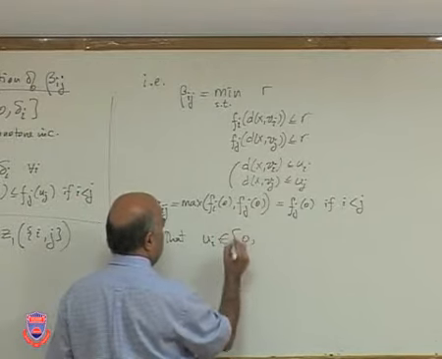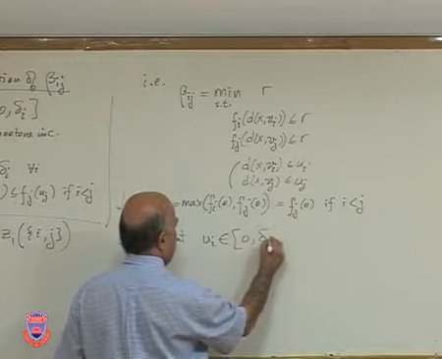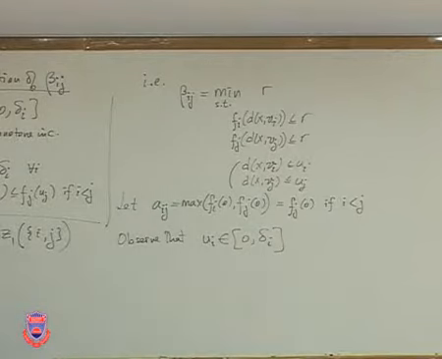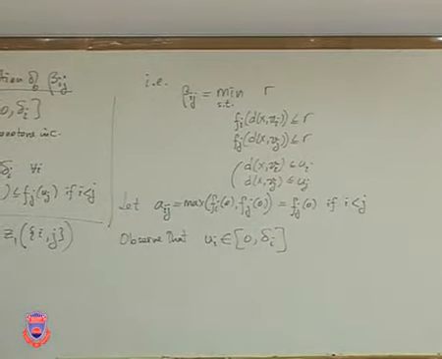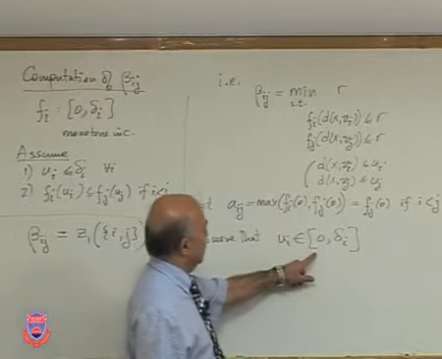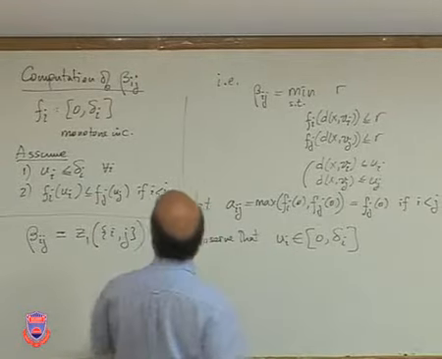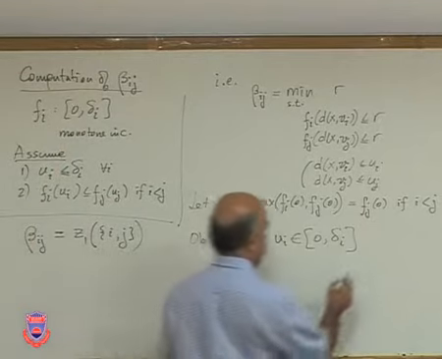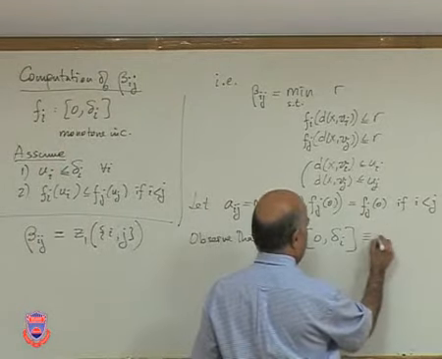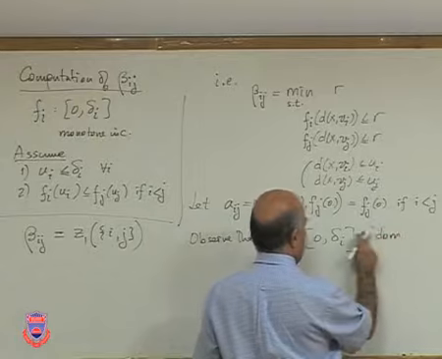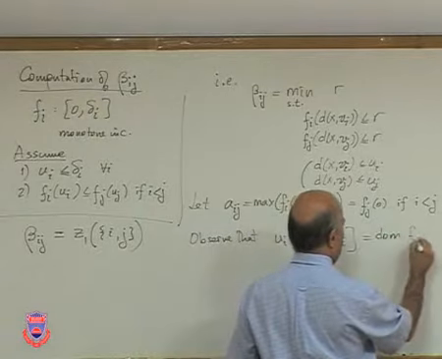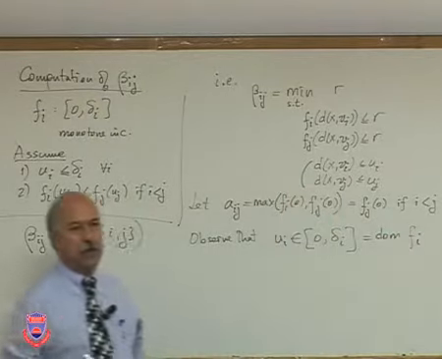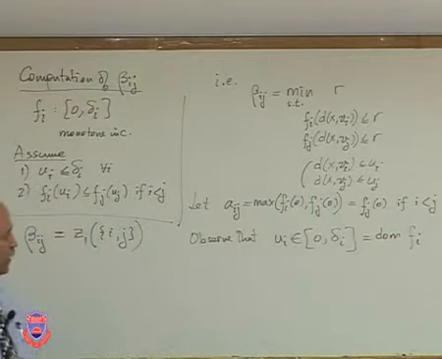ui is a number between 0 and delta i by assumption number 1, which means that it's in the domain of fi. So, each ui is in the domain of definition of fi.